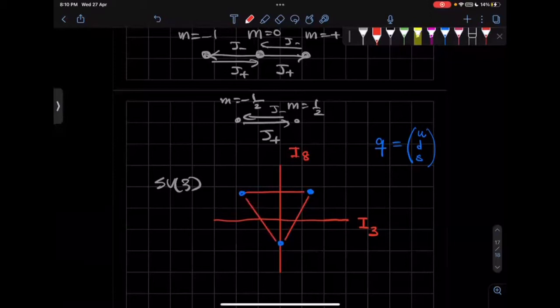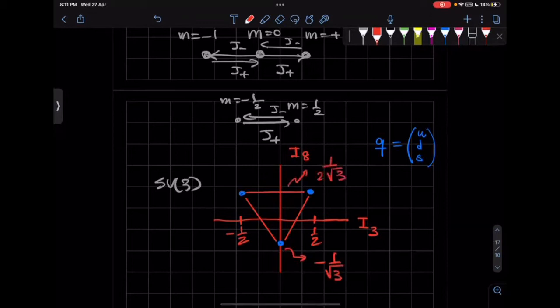And the values are that this is plus half in some units, this is minus half, this is minus 1 over square root of 3, and this is 1 by 2 square root of 3. So the whole thing should really be shifted down.